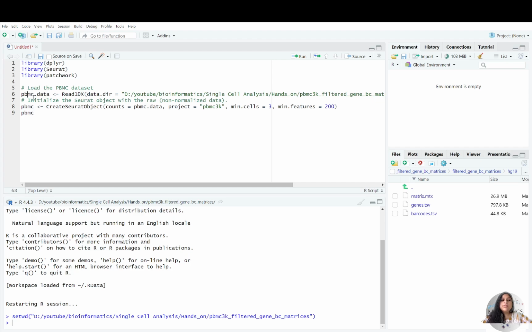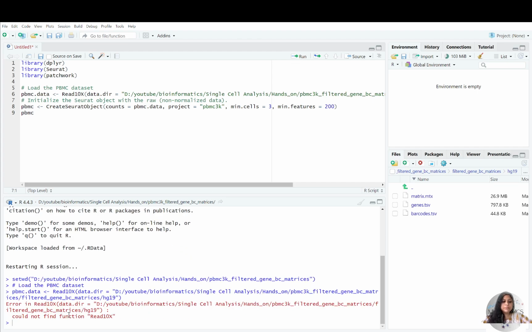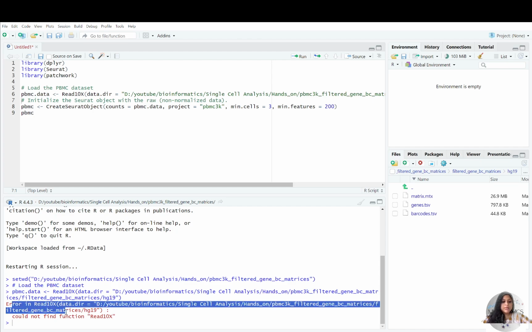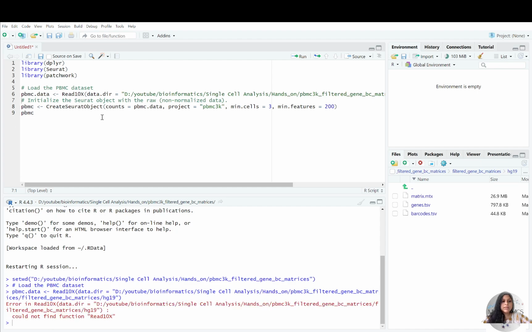When we load this data, I just place my cursor over here. There's no need to select the whole line, just place the cursor over here and select run. So here, error in reading, could not find function Read10X. Okay. It was not showing this error before.